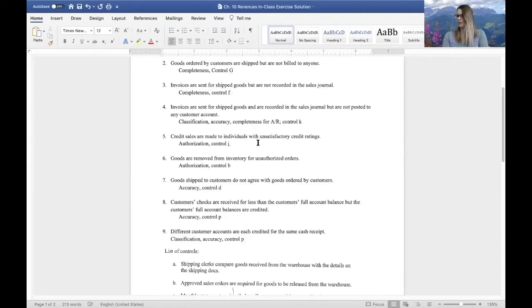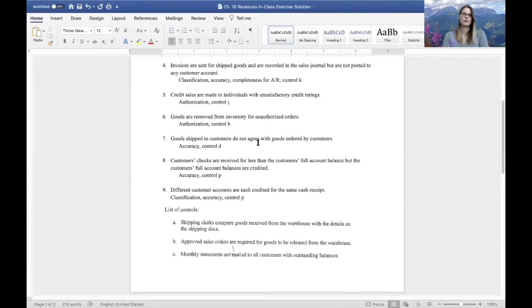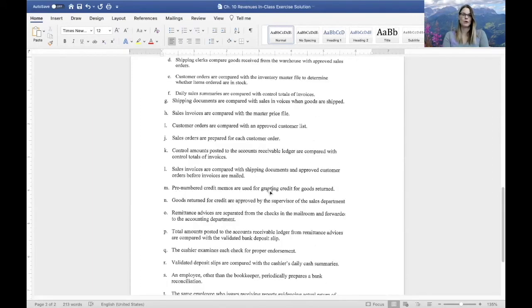So our example wrong answer here is Control M, which is pre-numbered credit memos are used to grant credit for goods returned. Okay, so again, if you picked this, you really need to go back and re-review the documents that are a part of this process, because that's the whole point, at the beginning of both chapter 10 and chapter 11, we do this whole thing where we say these are the documents that are a part of the revenues process or the purchasing process.